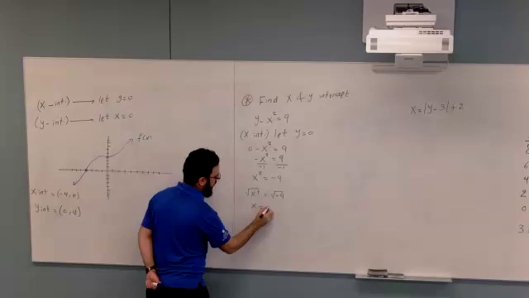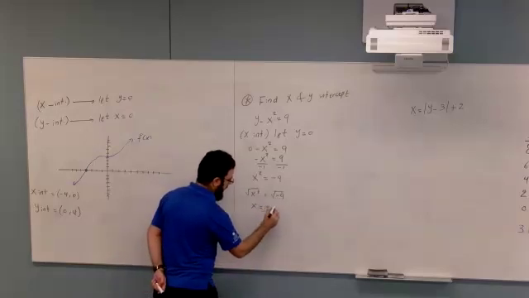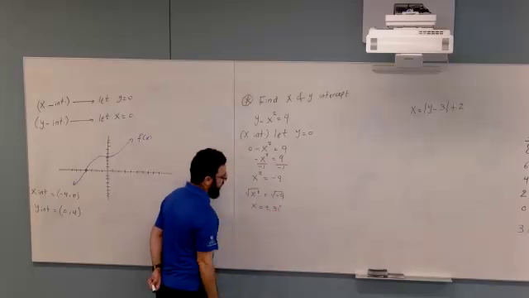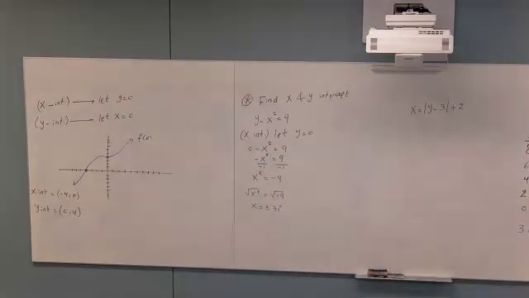This is x equals plus or minus 3i. So this is right, this is the x-intercept.